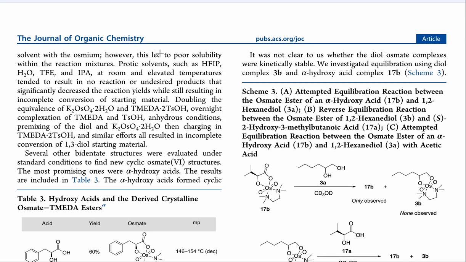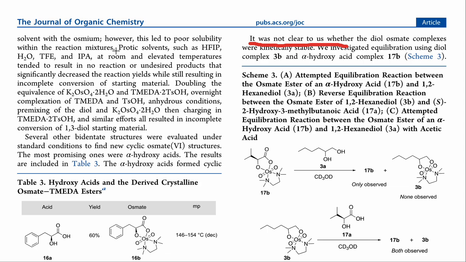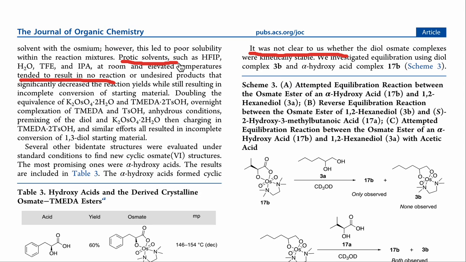They don't say we were confused. They say "it was not clear to us whether they were stable," or "protic solvents tended to result in no reaction." So you could talk about objects as being the subject of a sentence. You could talk about what the chemistry did, what the solvents did, what the heating did, but not what specific people did. So it's kind of the convention of how science articles are written.